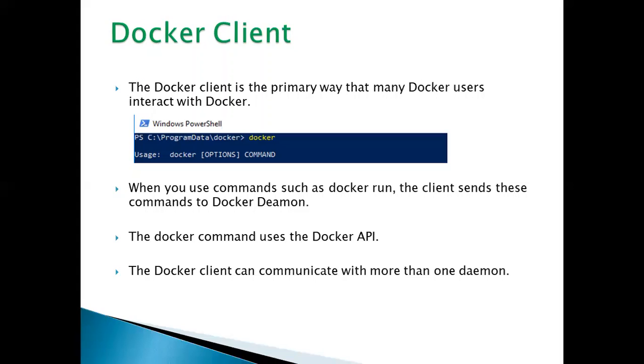When you use the docker run command, the client sends these commands to the Docker daemon. The Docker command uses the Docker API to communicate with the Docker daemon. A Docker client can communicate with more than one daemon.